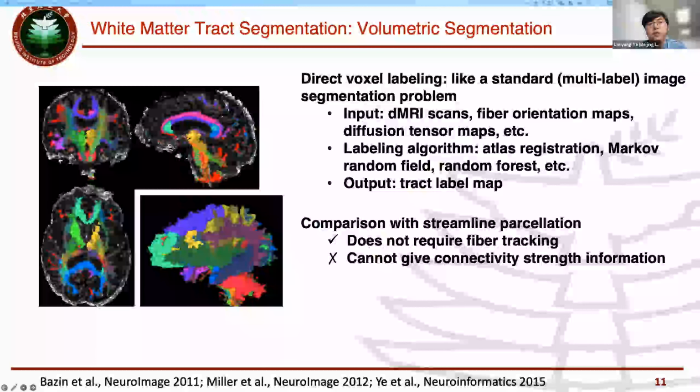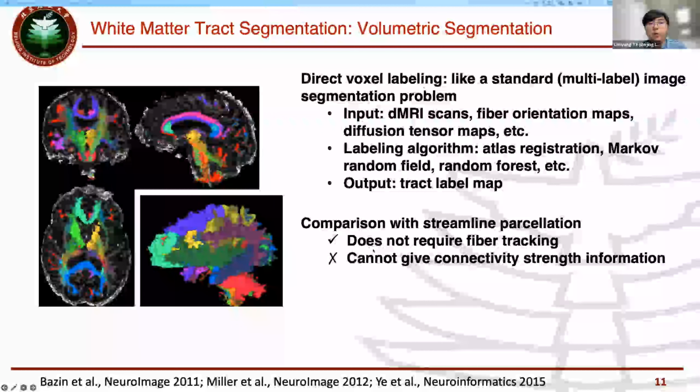Instead, we are given the input of diffusion scans or fiber orientation maps or diffusion tensor maps. We use some segmentation algorithm like atlas registration, Markov random field, random forest, etc., and directly produce the tract label map. Compared with the streamline parcellation, it has both advantages and disadvantages.